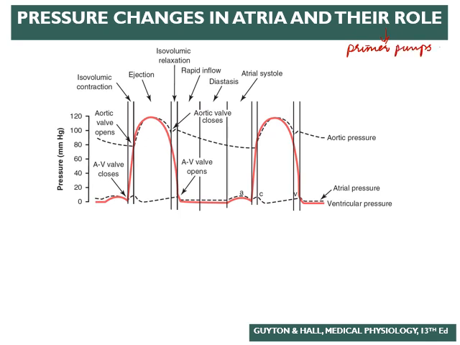As discussed, blood flows from atria into the ventricles through great veins. About 80% of filling occurs during rapid and slow phase, even before atrial depolarization begins.